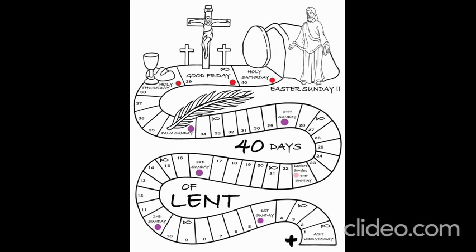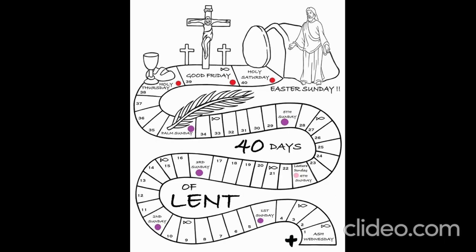For the 4th Sunday of Lent, there is a pink circle. The 4th Sunday of Lent is Laetare Sunday. Laetare Sunday is the halfway mark of the season of Lent. Pink reminds us to rejoice about being halfway through Lent.